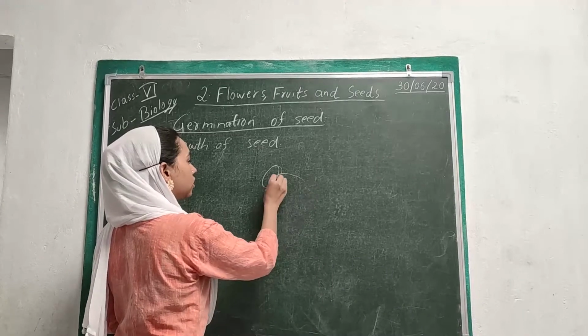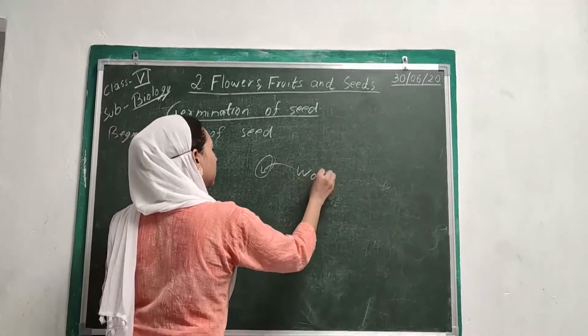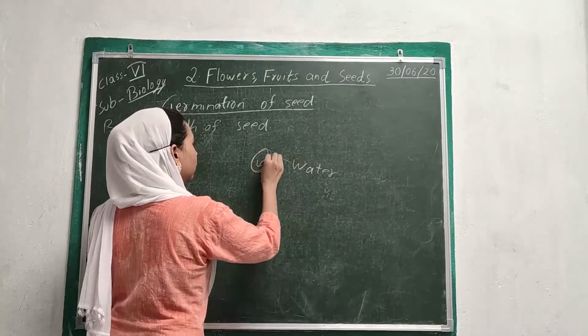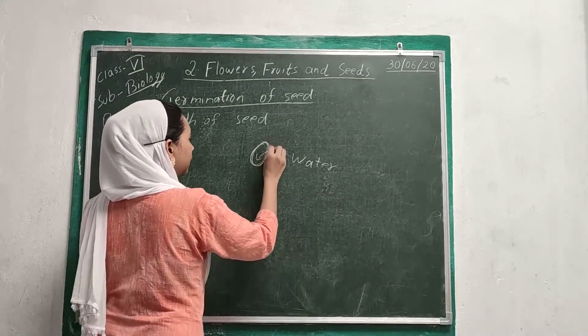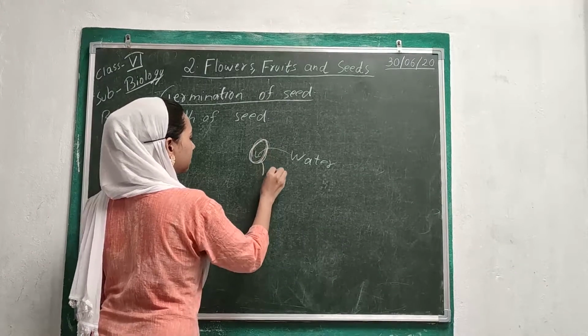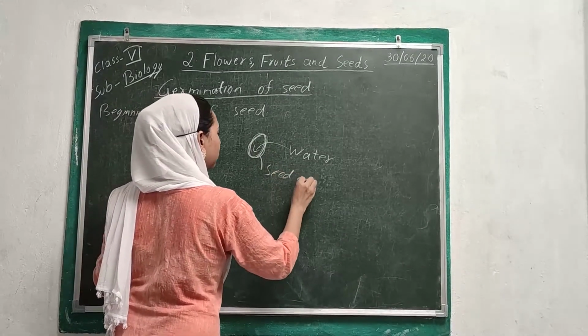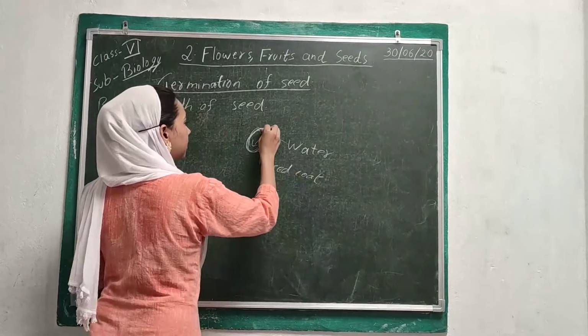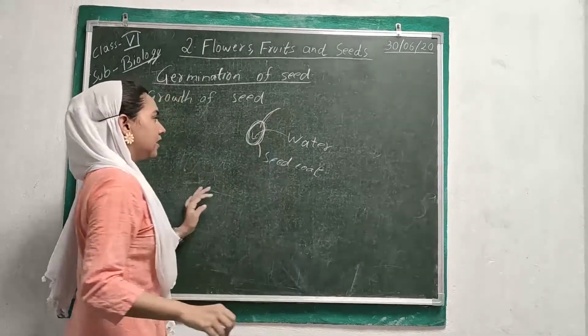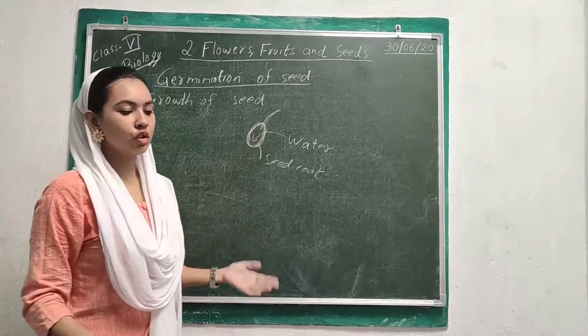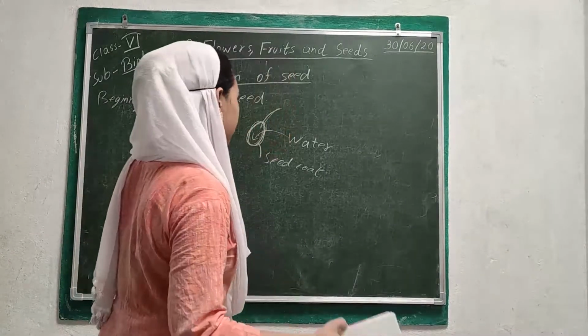It needs water. First it will take water, then it will swell up, that means it will become bigger by absorbing water. Then it will rupture or break the seed coat, and inside, the embryo will start to grow. Later it will start photosynthesizing once it gets the right conditions.